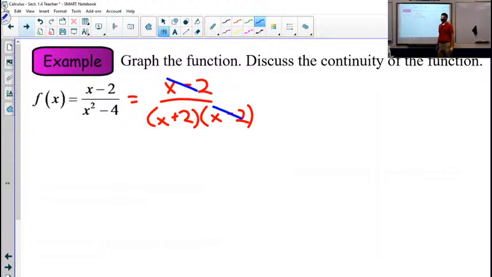The x minus 2's cancel on top and bottom. So what we have here, the x minus 2's canceling gives me what?